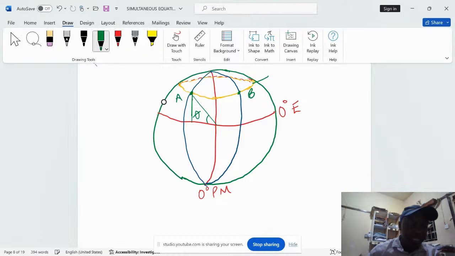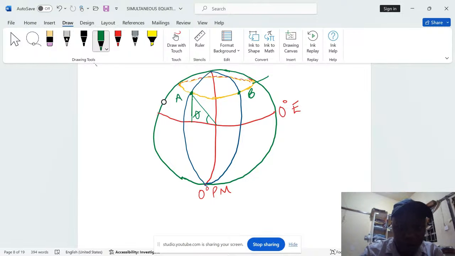I want us to identify the radius of such a small circle, because such a circle will not have a radius equal to the radius of the Earth. The radius of a small circle is usually different and smaller. From this point up to the center of the circle, this is going to be the radius of such a small circle.